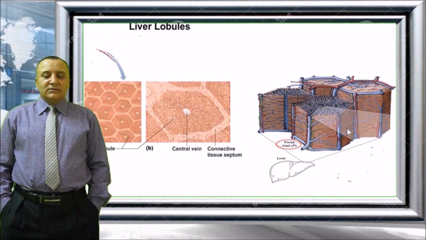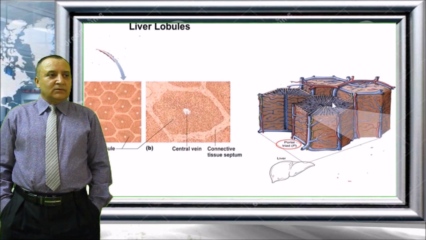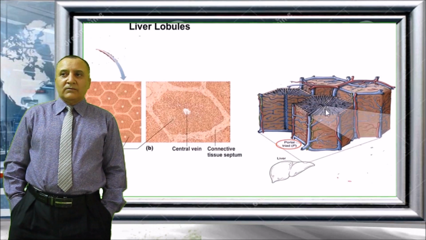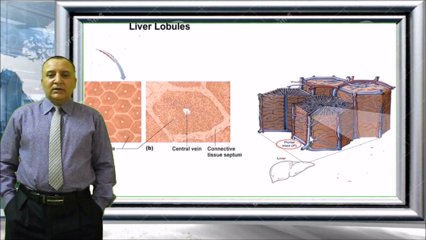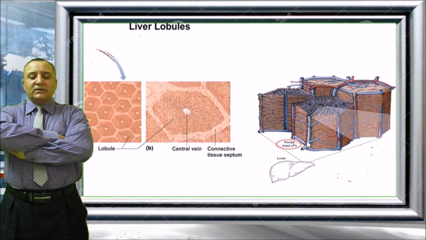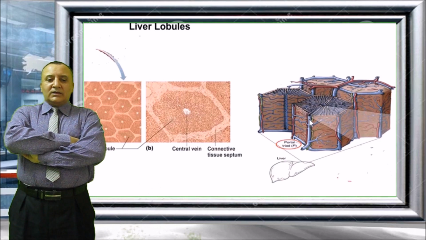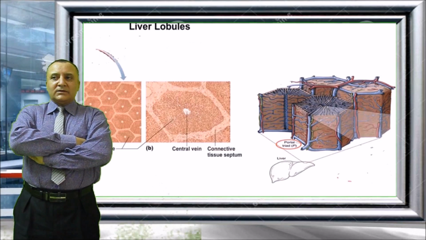You can see their size. The length is around 2 mm and the diameter is around 1 mm. And again, at the corners of these hexagonal surfaces of the liver lobule are the portal triads consisting of portal venule, hepatic arteriole, and bile ductule.